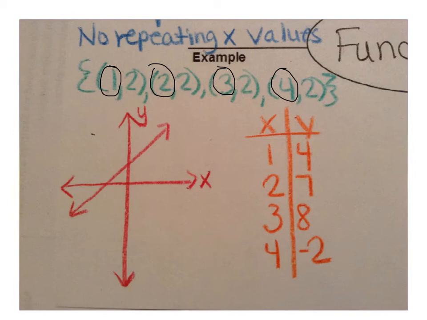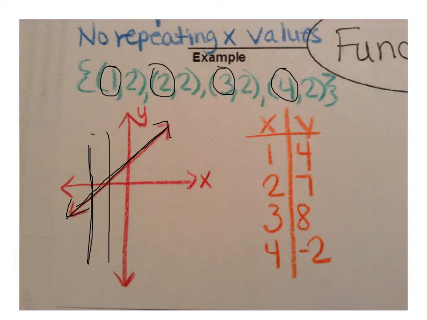If we look at the graph, when I draw a vertical line down the graph, the line that we drew that was graphed, in other words, this line right here, this is the line that was graphed. When I drew a vertical line across it, it only crossed one point on that line. If I draw a vertical line again, it only crosses one point.